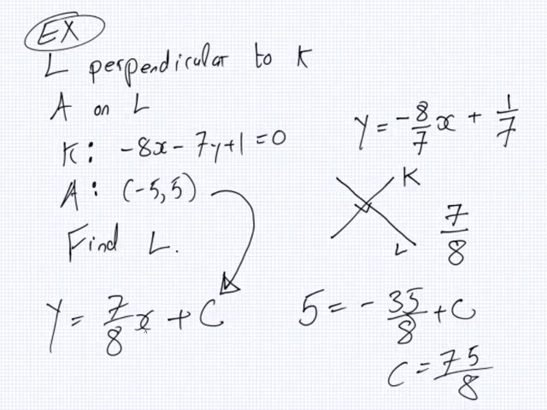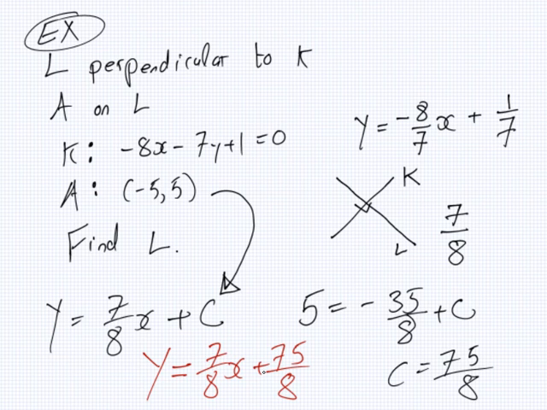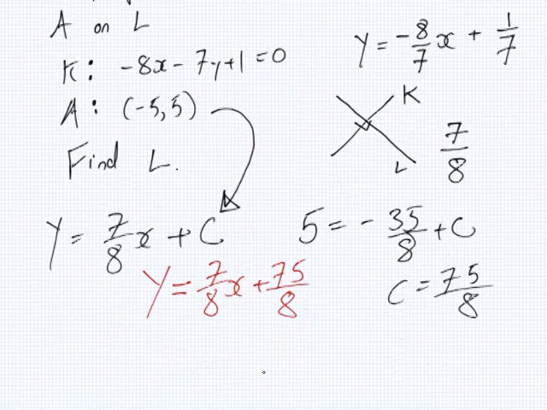So we have our answer now. y equals 7 over 8x plus 75 over 8. Okay, so again, not too strange. Okay, continue.